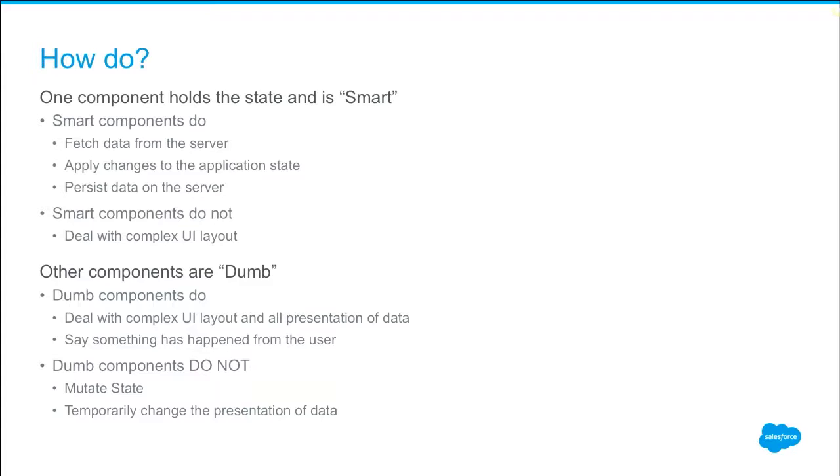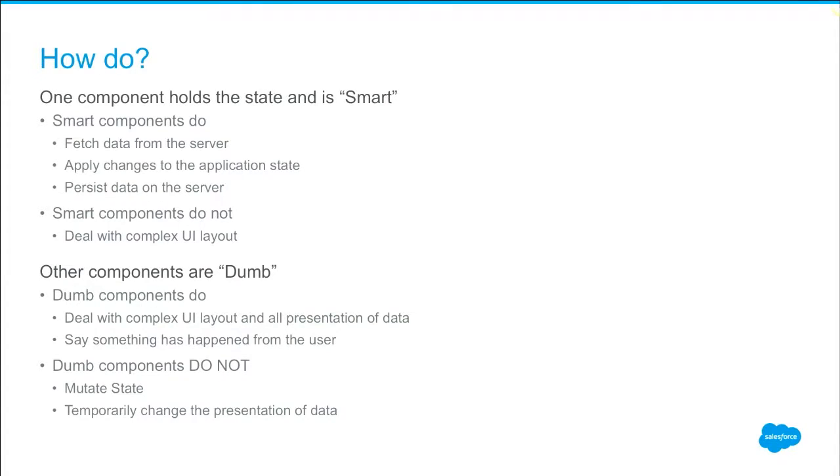All that's left to the dumb components. So you're really handling XHR transactions, changes to pending application state in your smart component, and you're worrying about UI somewhere else. You still slice these components up into chunks that make sense, but you just essentially say, okay, sidebar goes here, center pane goes here, stuff like that.